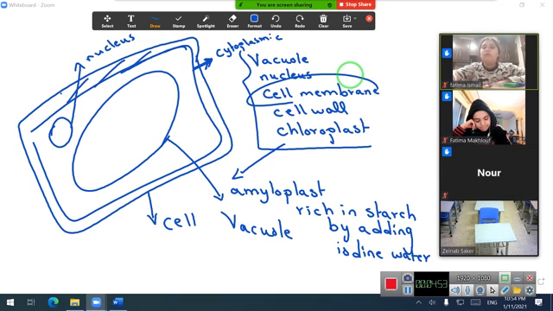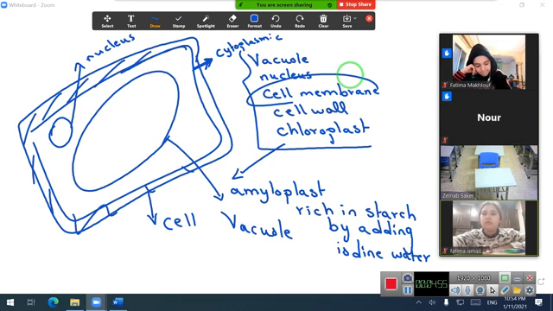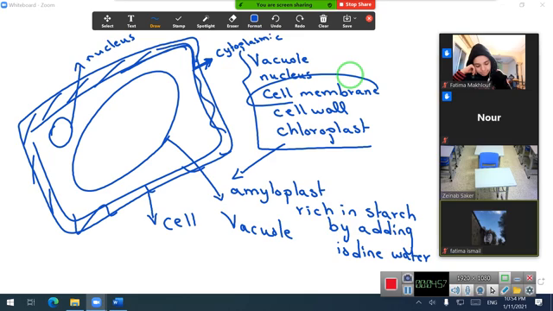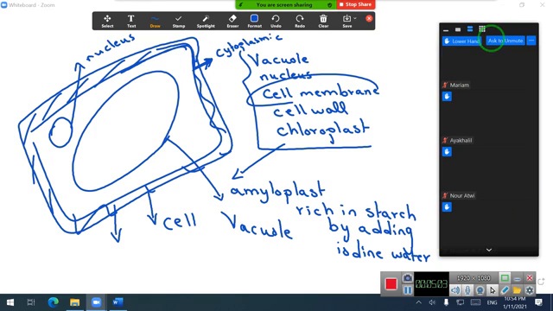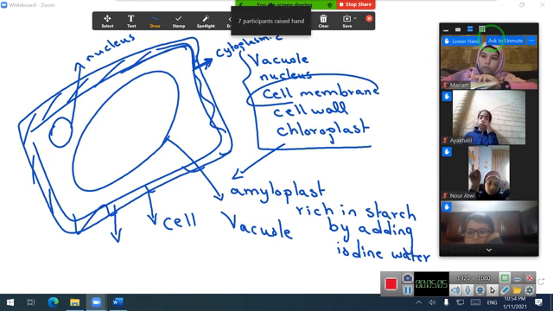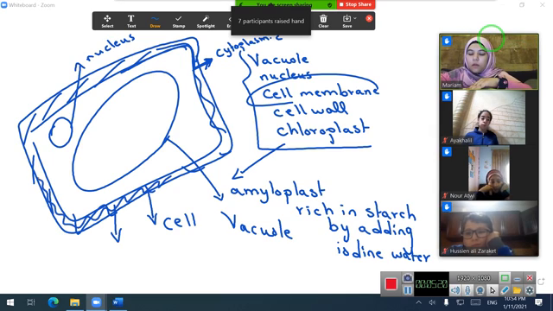The space inside the two membranes, what do I call it? What do we call the space inside two membranes? Who knows? Mariam? Teacher, the space between the two membranes, what do I call it?